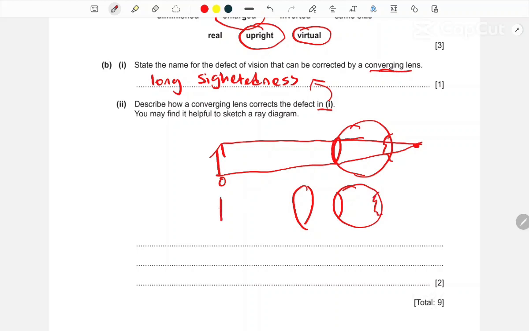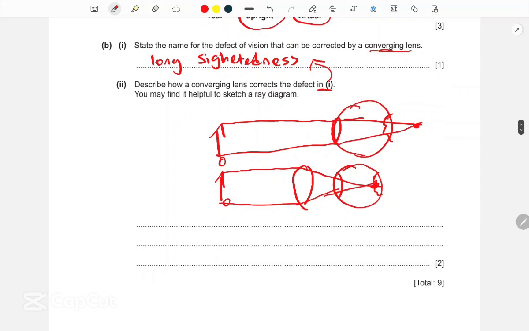so we have an object O. It would be refracted over here and also over here. So the image is going to be formed on the retina, somewhere over here. So that's how it fixes the defect.